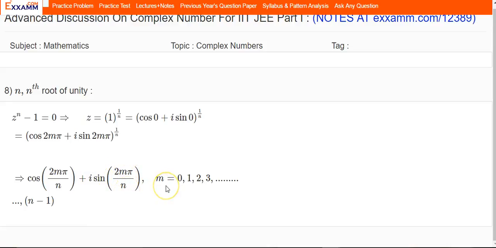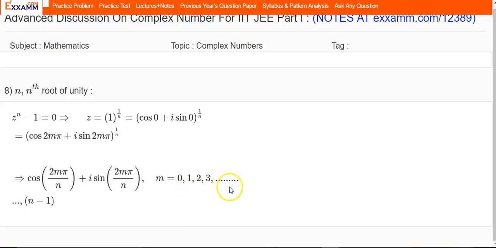And what is the value of m? m is an integer. If we put m equal to 0, 1, 2, 3 up to n minus 1, we will get n distinct roots. What if we put m equal to n? Then the n cancels out, this is cos 2 pi plus i sin 2 pi, and we get the original result, that is cos 0 plus i sin 0, which we had when we put m equal to 0.